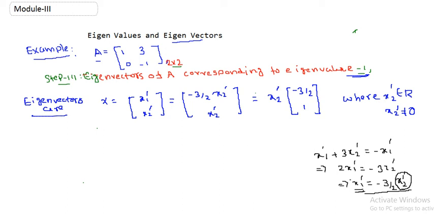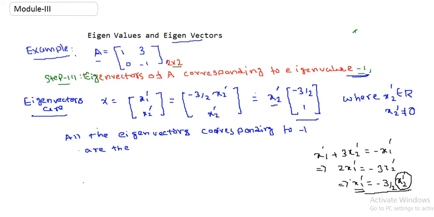Because we have a constant and a vector, all the eigenvectors corresponding to the eigenvalue minus 1 are linear combinations of this vector. Why is it a linear combination?